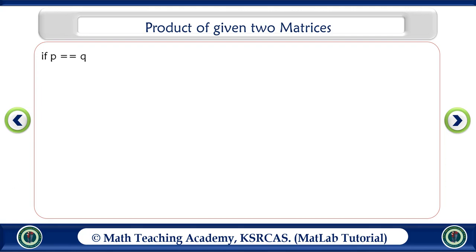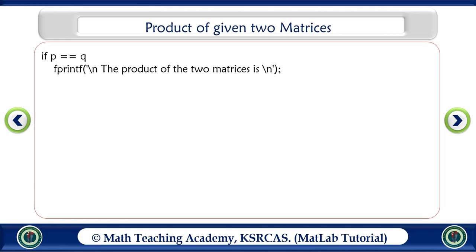If p is equal to q, then the number of columns of the first matrix is equal to the number of rows of the second matrix. Then we have to multiply the given two matrices a and b. Otherwise, the multiplication is not possible. So if this statement is true, then do the next line.